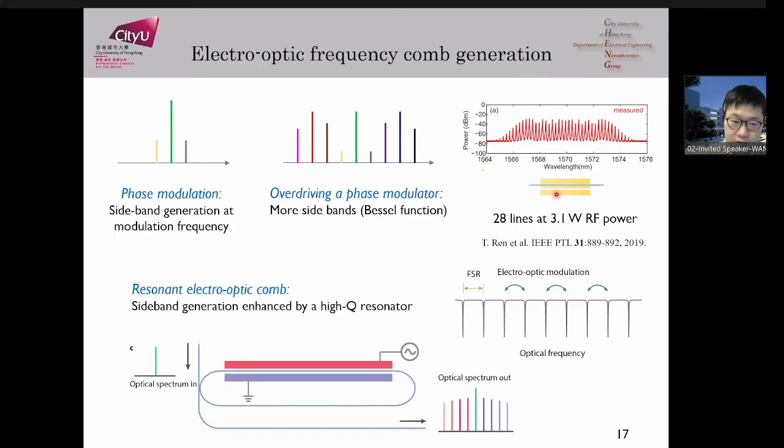So one thing you can do is make a so-called resonant EO comb by using a high-Q racetrack microresonator and putting the modulator inside that resonator. Then, because the resonator has a very long lifetime, this modulation can cascade many times. In the frequency domain, it means that the modulation frequency is matched to the FSR of the resonator.